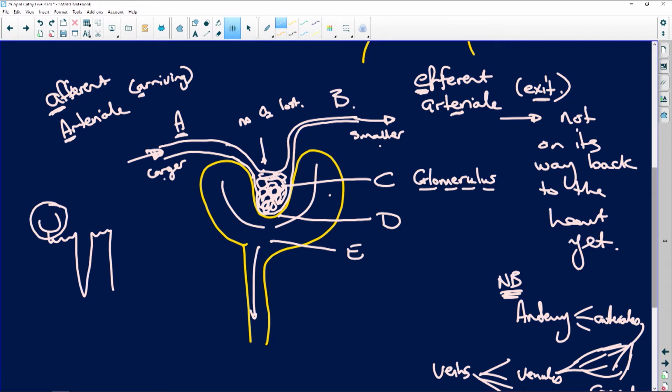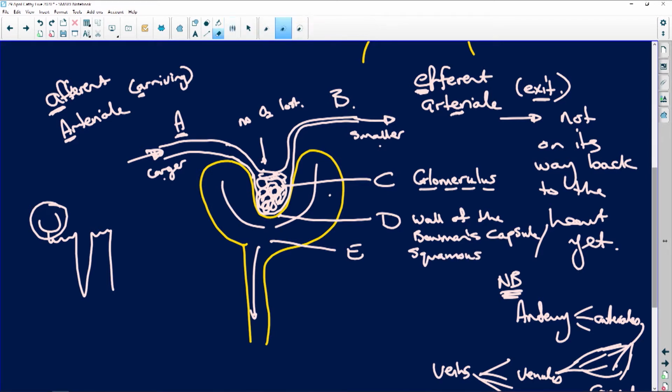Then D, it can be the wall of the Bowman's capsule, or, I don't know what your teachers are teaching you, it can be the squamous epithelium.